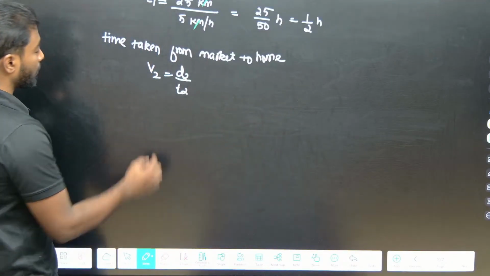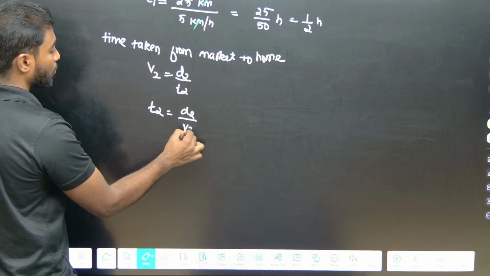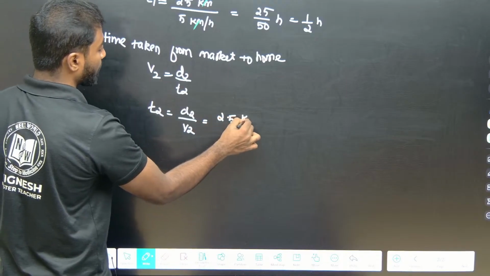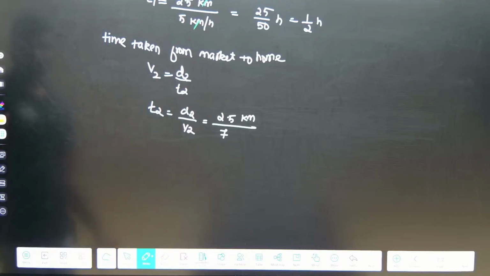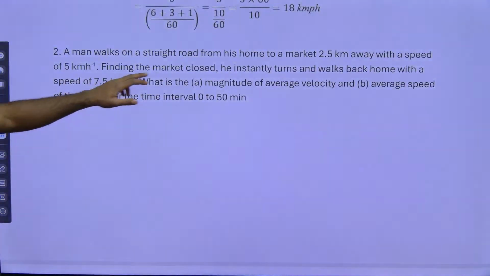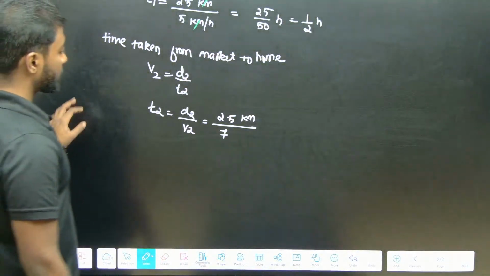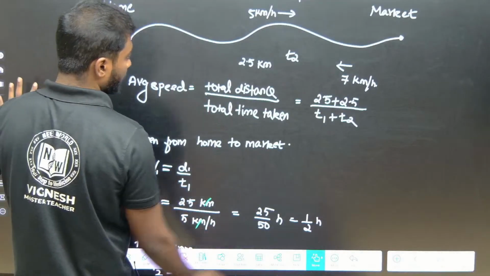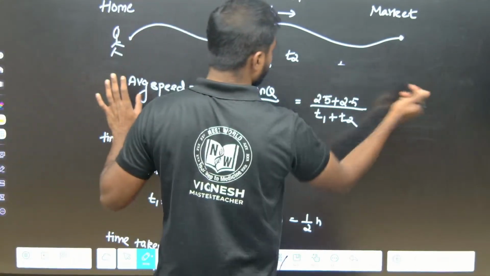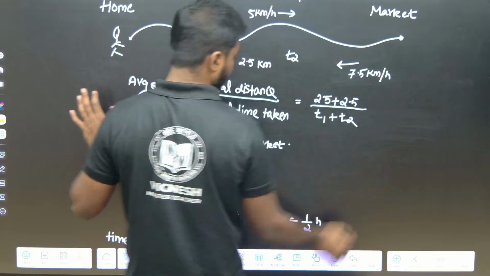So T2 will be equal to D2 by V2, which is 2.5 kilometer by 7.5 kilometer per hour.